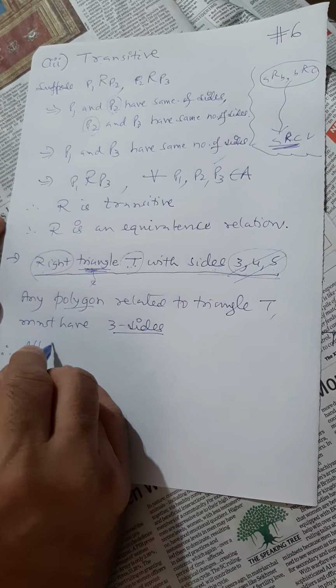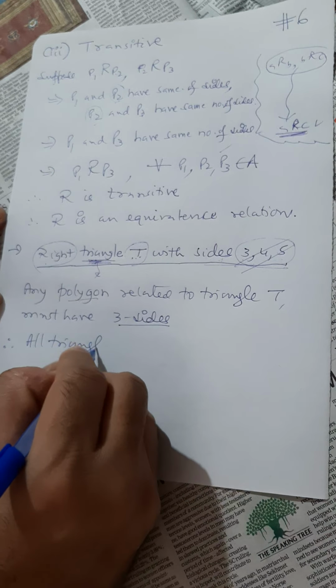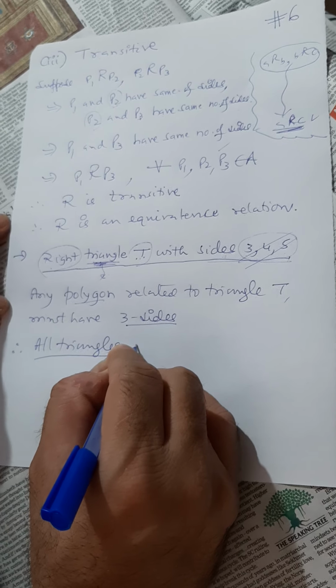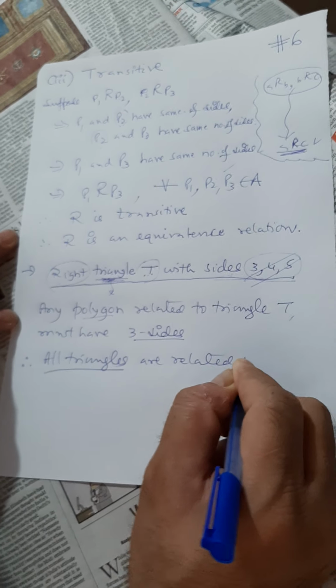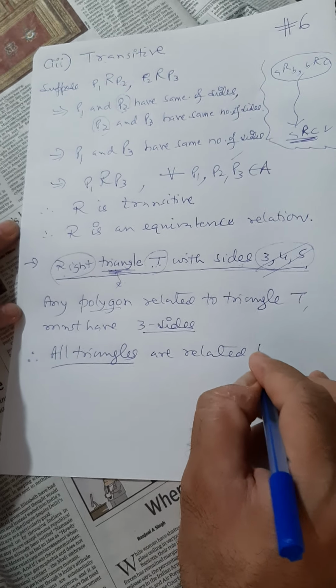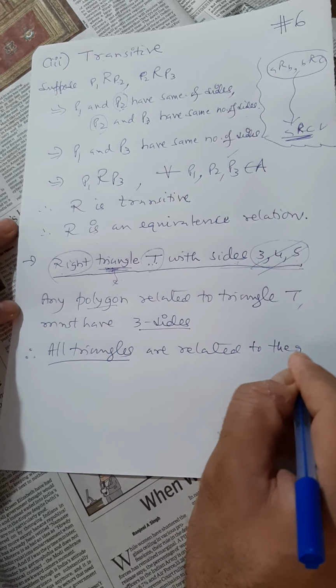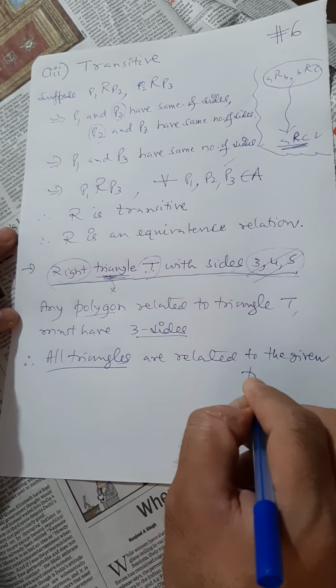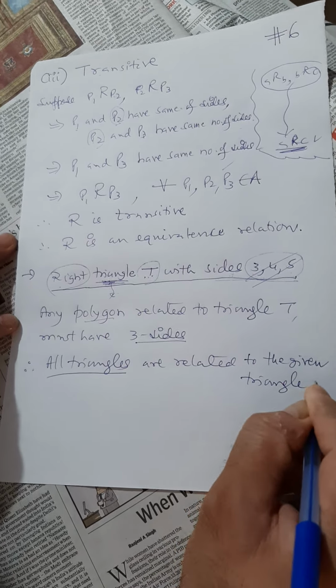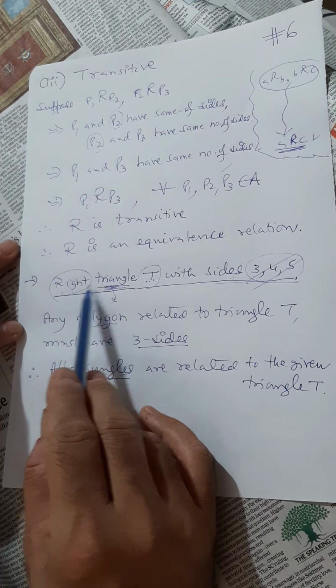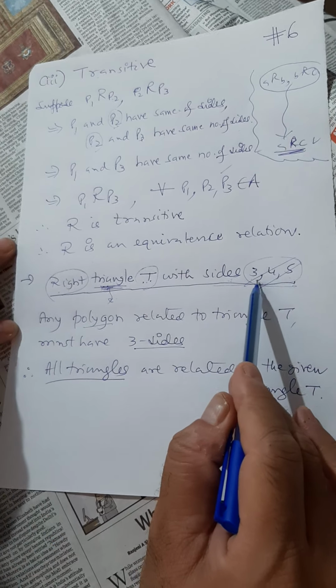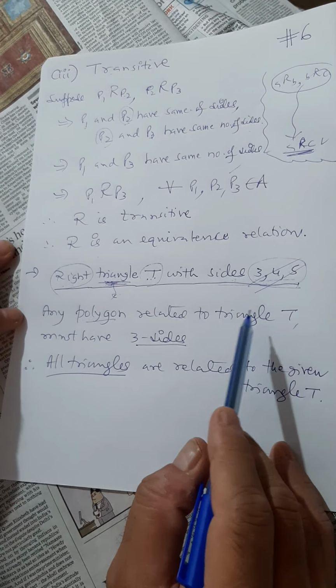So all triangles are related to the given triangle T. I again repeat, that this is a right triangle is not important, and the measures of sides are also not important.